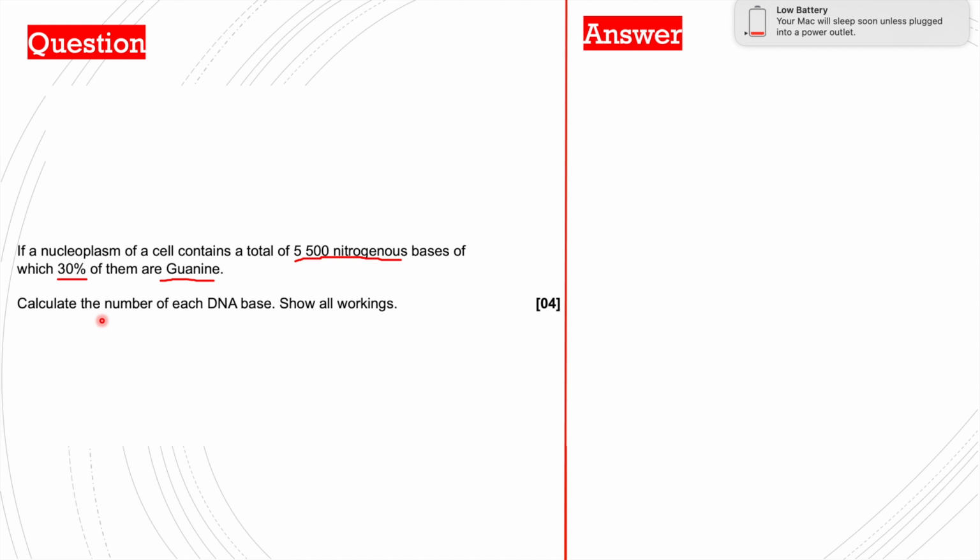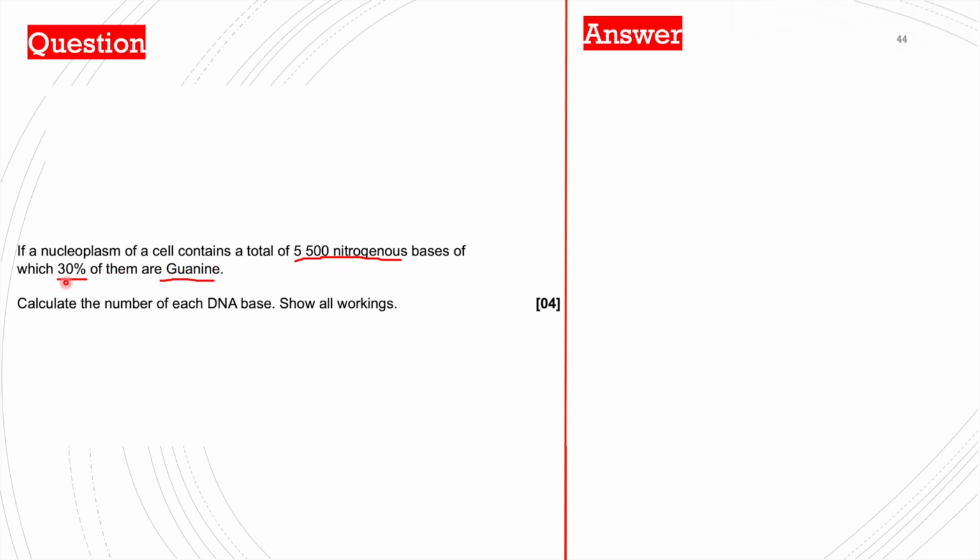There are many different ways to do calculations. So what I have on here is the way that I articulated it in my brain. Okay, so this was my thought process. I am given a total number of 5,500 nitrogenous bases. So all in all, there are 5,500.